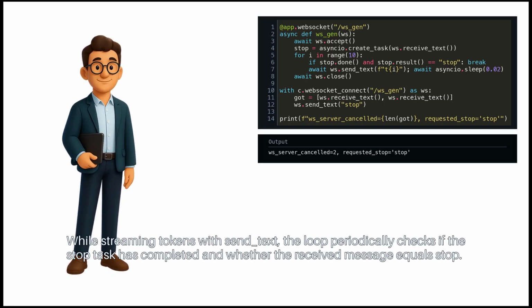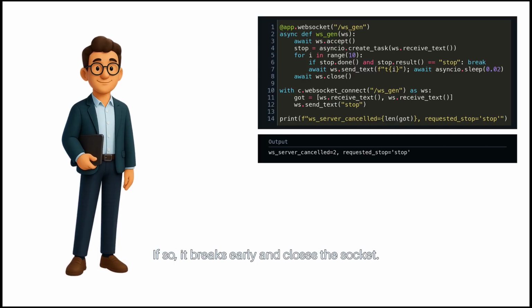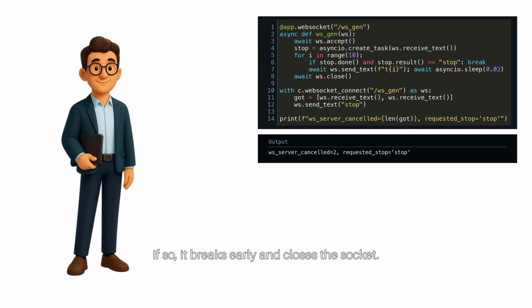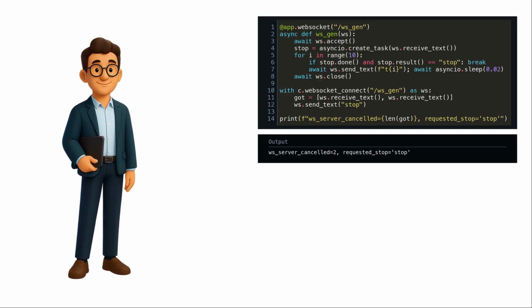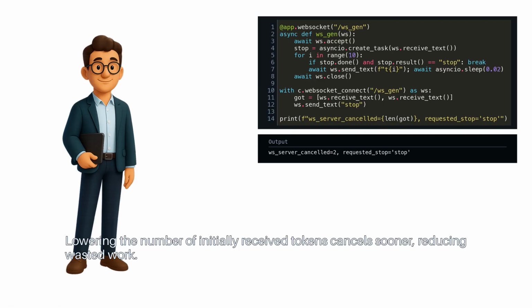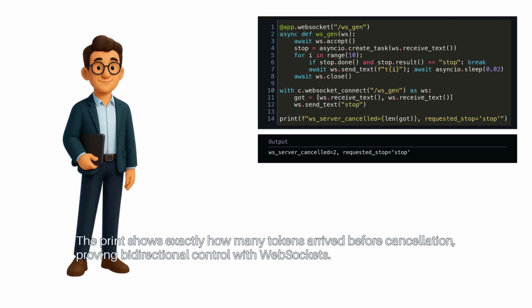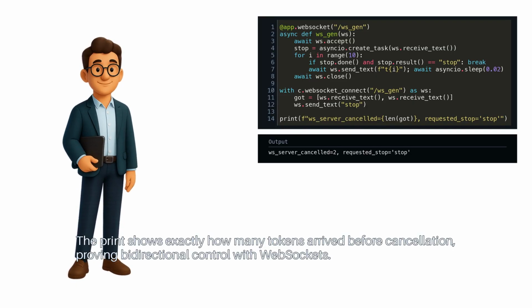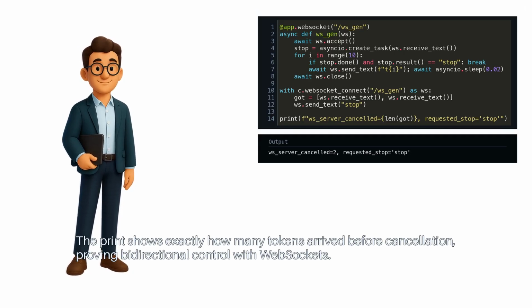While streaming tokens with send_text, the loop periodically checks if the stop task has completed and whether the received message equals stop. If so, it breaks early and closes the socket. The client reads 2 tokens, then sends stop to request termination. Lowering the number of initially received tokens cancels sooner, reducing wasted work. The print shows exactly how many tokens arrived before cancellation, proving bidirectional control with WebSockets.